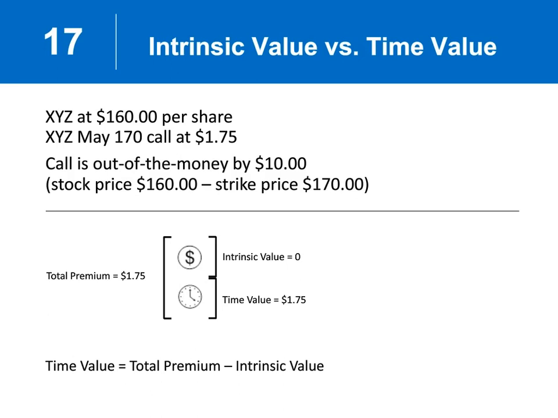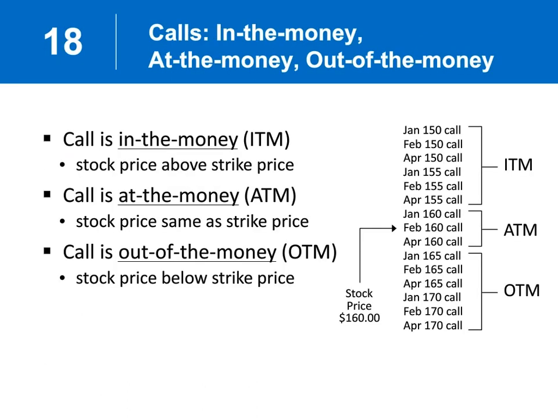The XYZ 160 stock price with the 170 call trading for $1.75. That call is out of the money by $10, but clearly it's got value, and that value is $1.75 in the marketplace. So no intrinsic value and $1.75 of time value. So the key in this slide is the stock price.